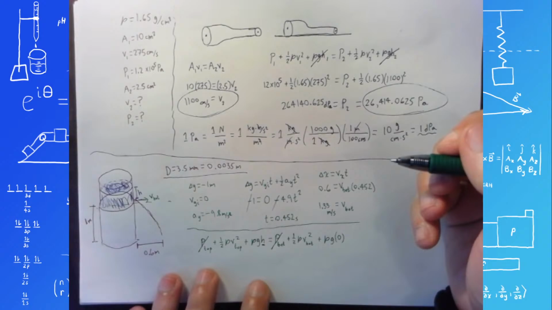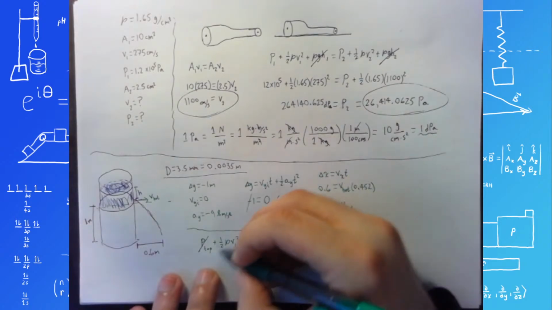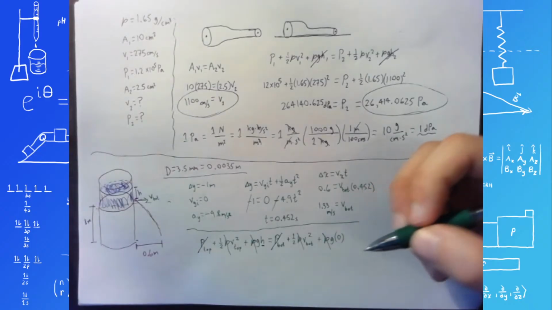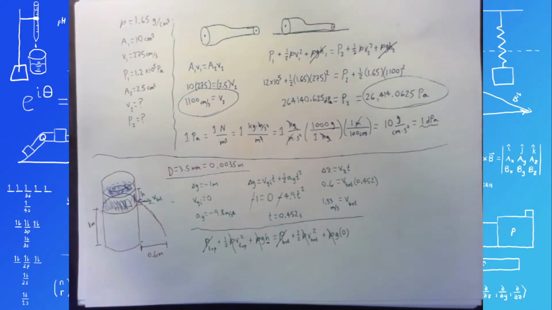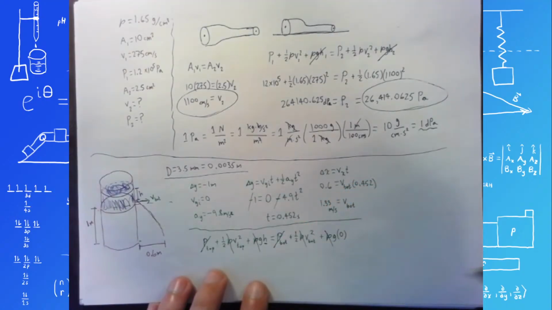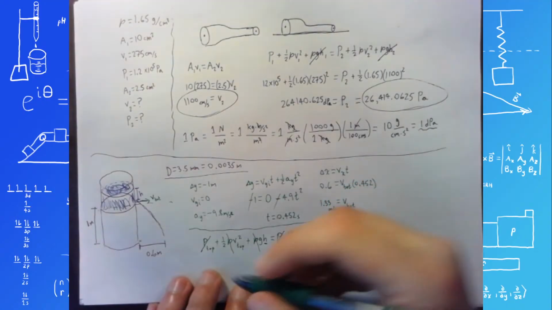And what does that leave us with? The density cancels out. We don't even need to know the density, but they did say it was water, so we could have used 1,000 kilograms per cubic meter if we really had to. And then I can multiply everything by 2.